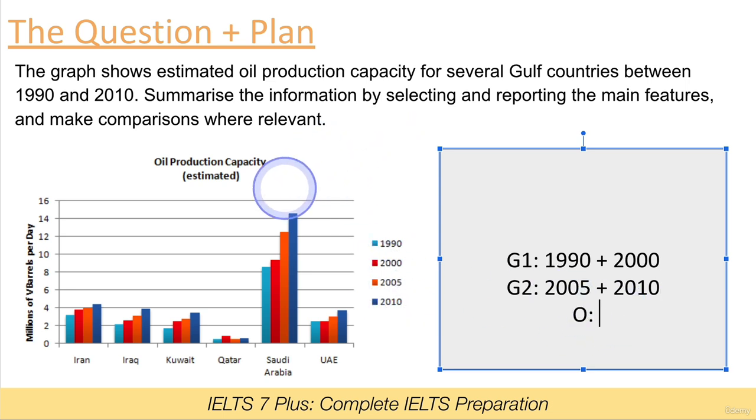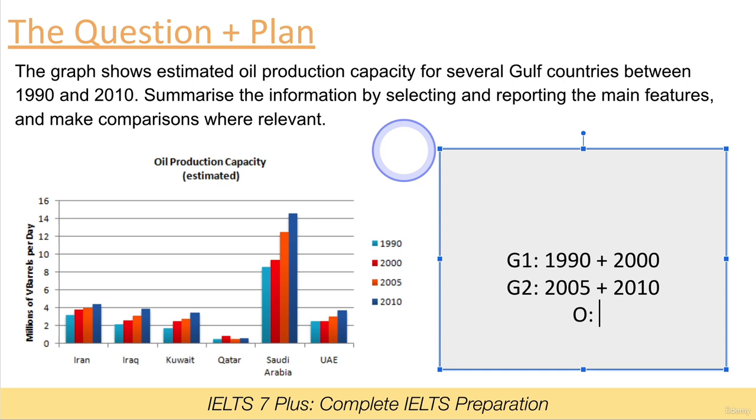Okay, initial thoughts then for our overview. Wow, Saudi Arabia is, for all years, the predicted or the rough estimation of oil production was higher than any other country.